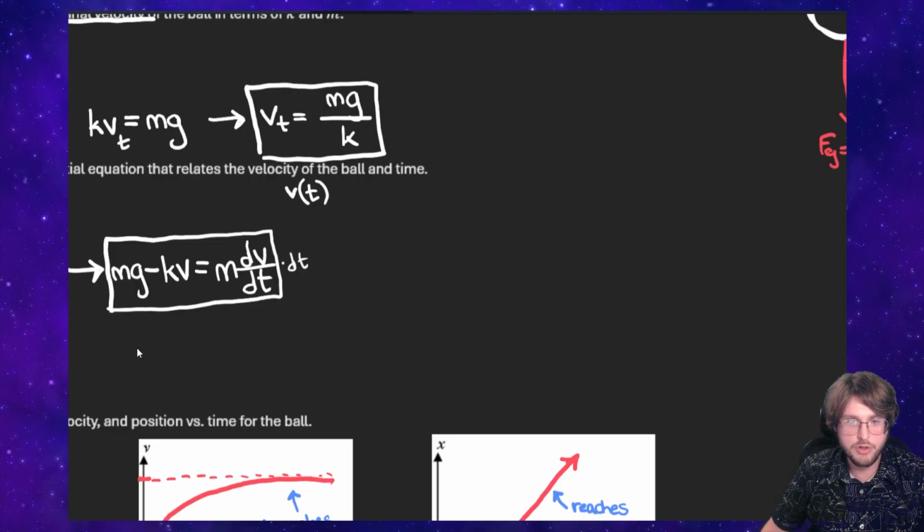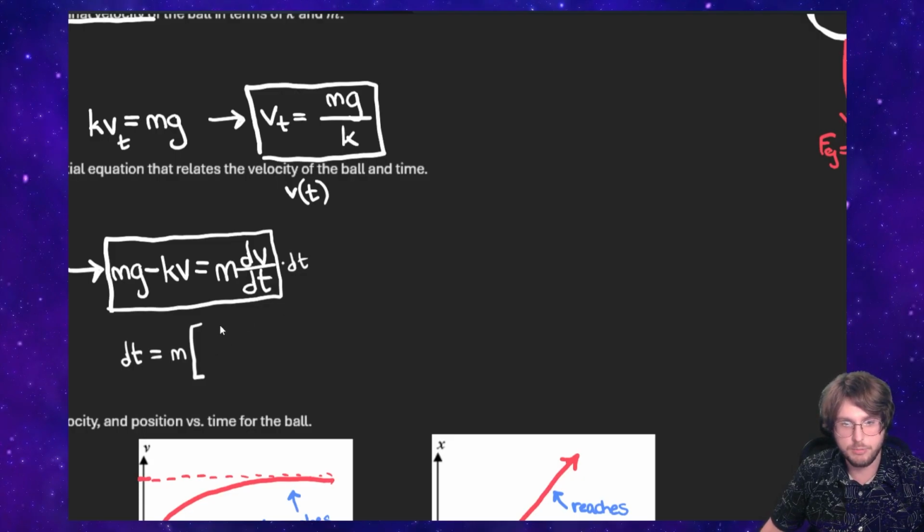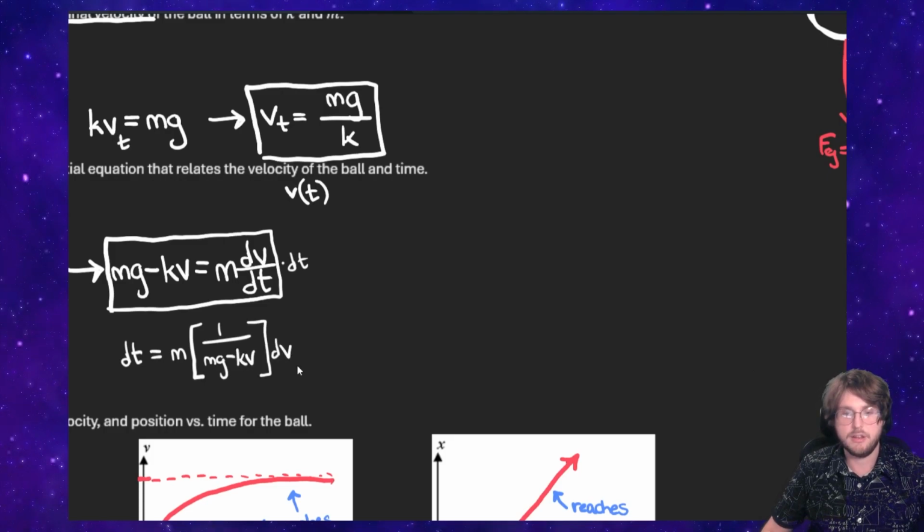So if you do those couple of steps, you should find that this is an equivalent expression to the one above. It's going to be m, and I'm pulling that m out for a particular reason. And then over here, it'll be 1 over mg minus kv, all multiplied by this integrand dv right here.